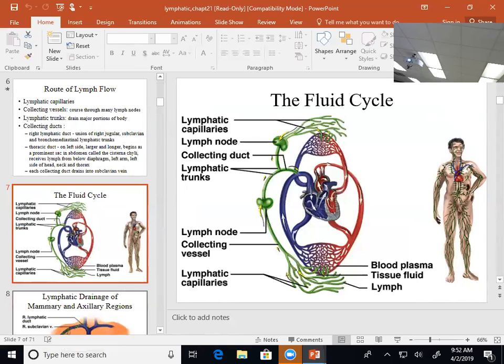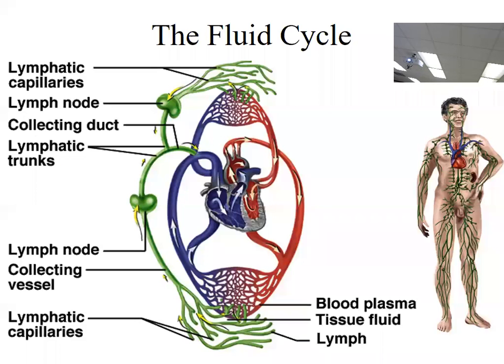It's nourishing, bathing, replenishing, cleansing and keeping chemical stability of our tissues. And then it's eventually getting returned back to where? The bloodstream. Now I want you to look at this guy here, lymphatic man, or we could change him into a woman, but whatever, we have these lymphatic vessels.